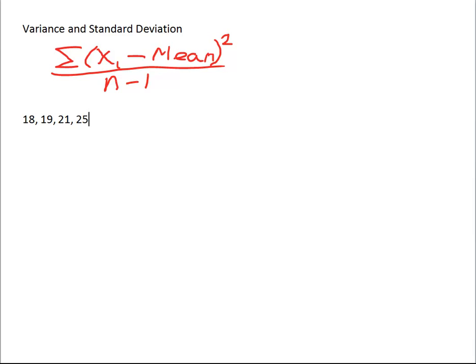So we've taken a sample. We have quite a few people in our classroom, and we just take a very, very small sample of 4 people. And so we want to take this top part. So we take x would be the 18, 19, 21, and 25. So we take 18, which is 1x. So there's one of the x's right there.